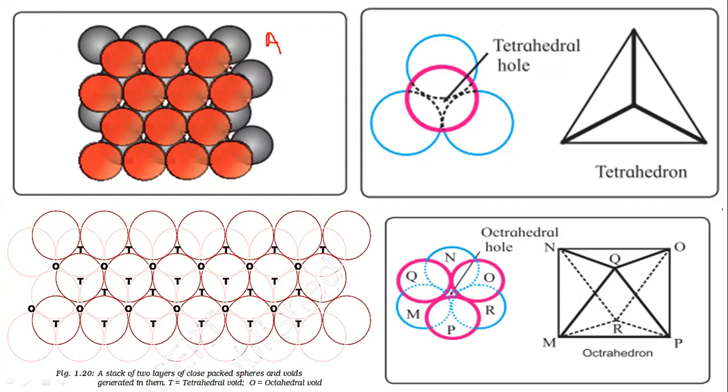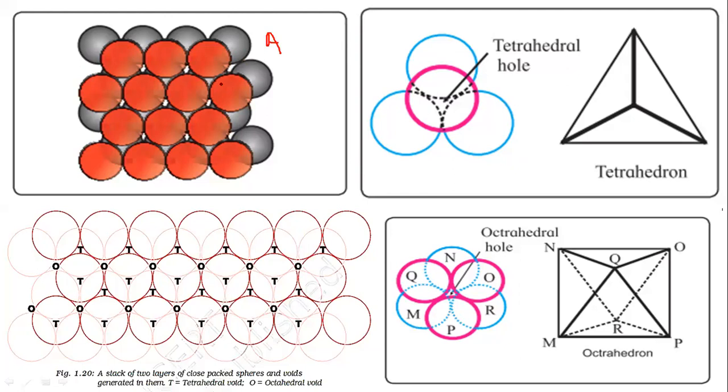This is B layer. It is fitted in the depression of the first layer. So this is A, B, A layer is behind, B layer, again A layer, again B layer, AB type of arrangement.